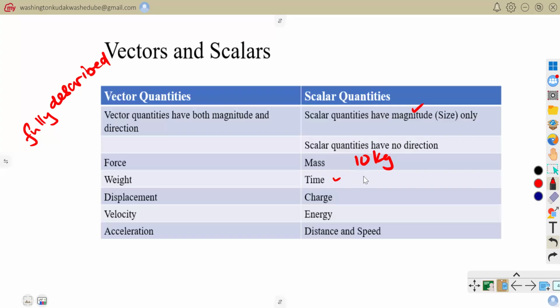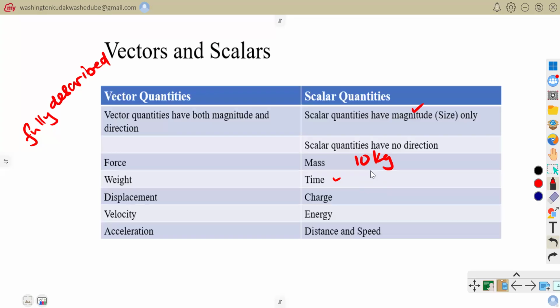Maybe we left Johannesburg at around 10 p.m. and arrived in Bloemfontein at around 1 a.m. You are only mentioning the magnitude. That relates to how many hours you took to travel from Johannesburg to Bloemfontein. You only mention the total time that you traveled.